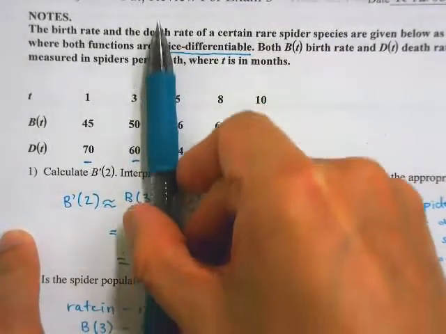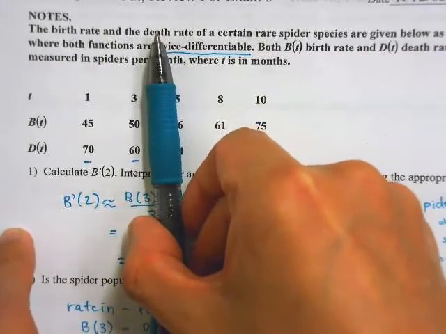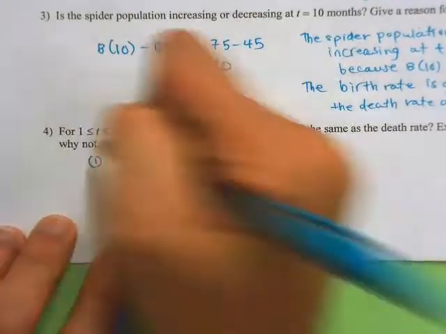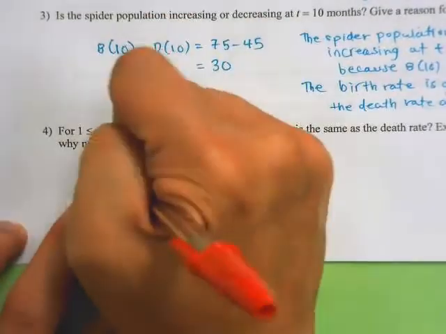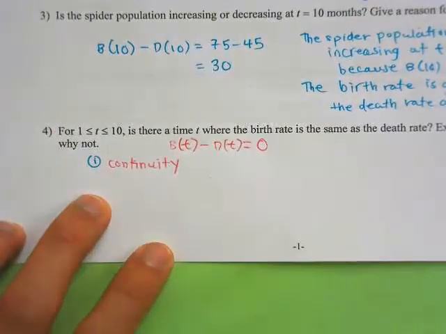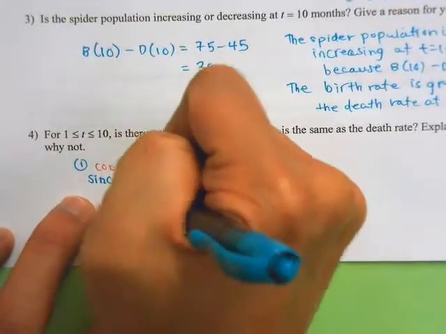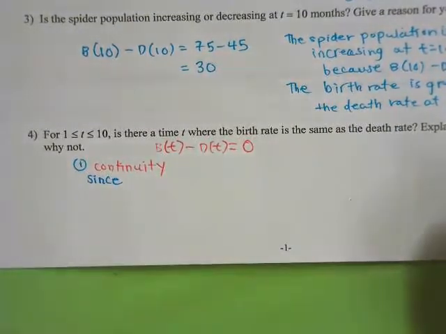Now, they're not asking you for the time, but we probably can use something in the middle. Hint. What theorem is that in the middle? Intermediate value theorem. Step 1. One more time, you need to state continuity. In order to use the theorem, we have to state that first. What do we know about b and d? What kind of functions are they? I think it's in the first sentence, where both functions are twice differentiable. It just means you can take the derivative twice.